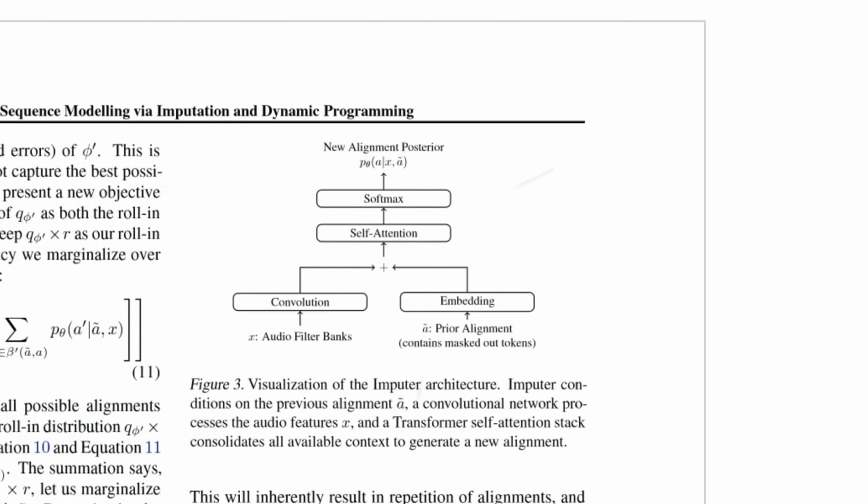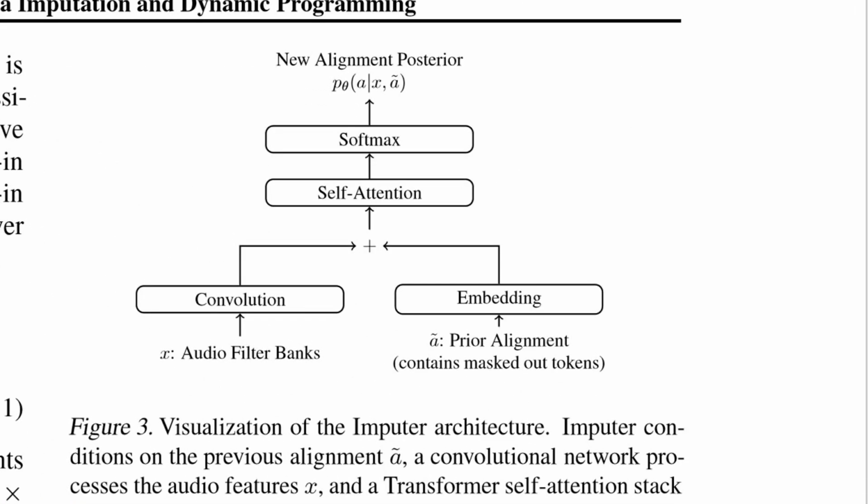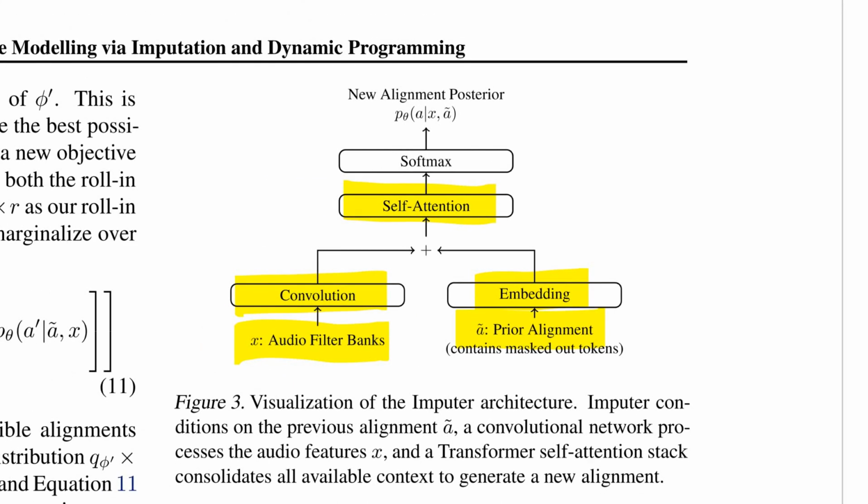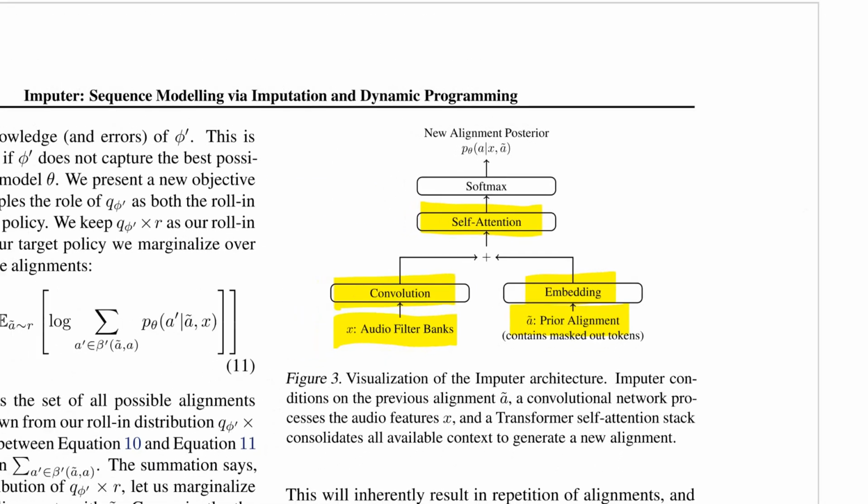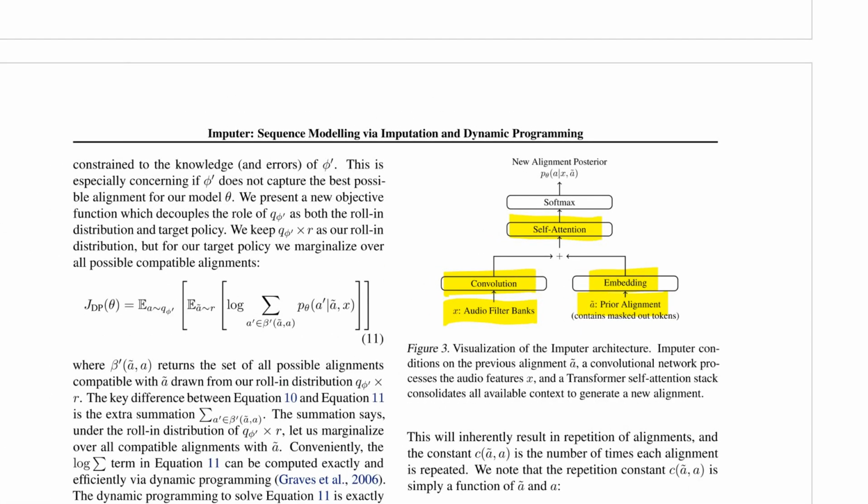The architecture of the imputer is actually pretty similar to BERT in that, first of all, well, okay, you're dealing with audio in the input, so you're going to have some convolutional network here, and you also need to take as an input the prior alignment that you've already produced, right? So this you embed, but then you simply do an attention network, a transformer, which is pretty close to the BERT example we've made.